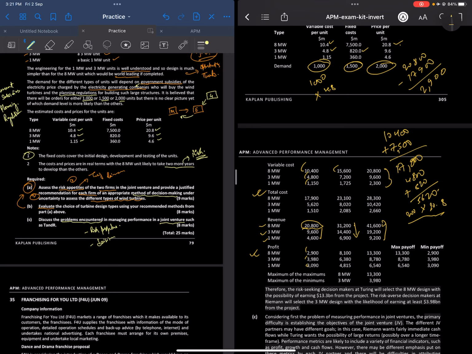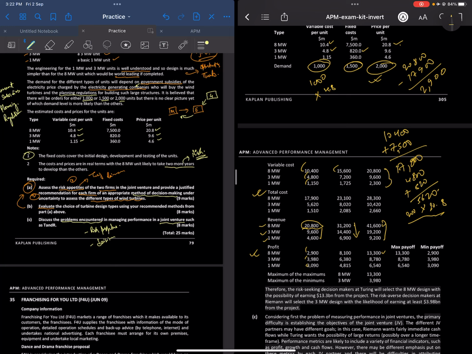So how do we calculate? Always look at each individual demand level. If we are using maximax, we assume it's going to be the maximum, so the highest demand level of 2000, and among that 13,300 will be our maximum payoff.